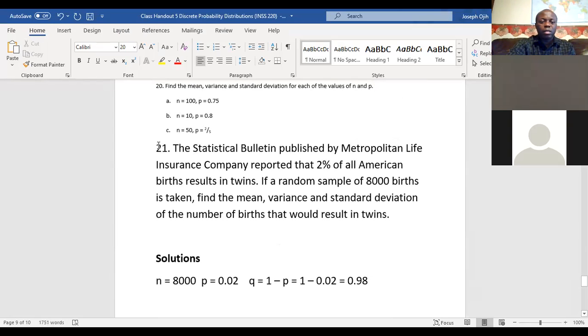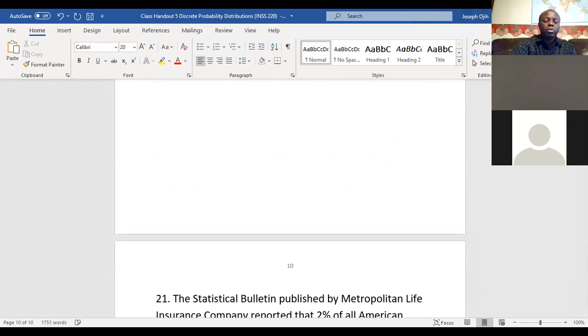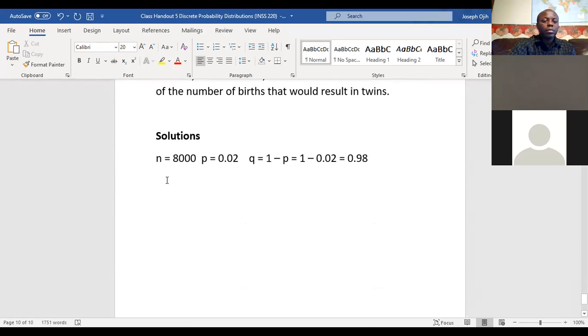I'm going to move this to the next page so that we have enough room to solve this. So for the mean, we know the formula.